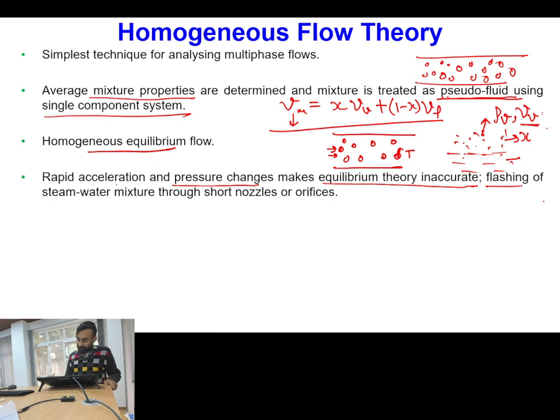Flashing of a steam-water mixture through short nozzles or orifices is one typical example where acceleration of the fluids is rapid and homogeneous flow theory does not work. Now, can you tell me what you mean by flashing?